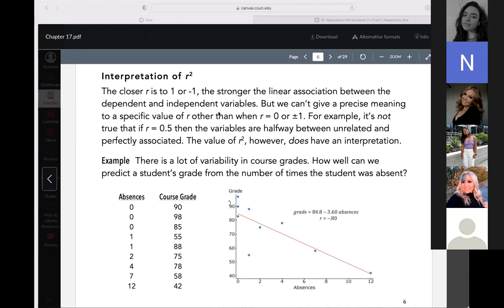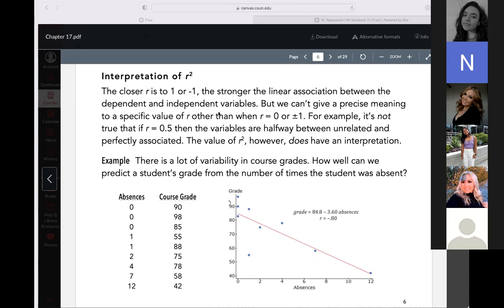And when R is 0, then there's a complete blob of points with no linearity at all. But R equals 0.5, 0.6, 0.7, what exactly do those mean? What's a physical interpretation of the exact value? So there is none. There is no physical interpretation of R, but there is a physical interpretation of R squared.